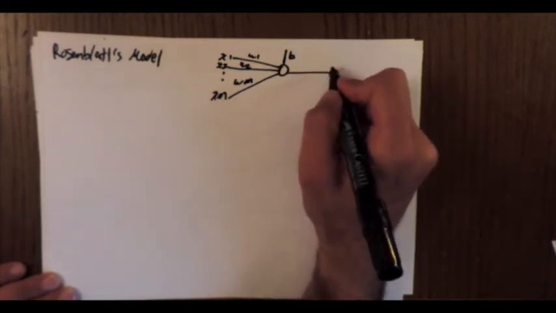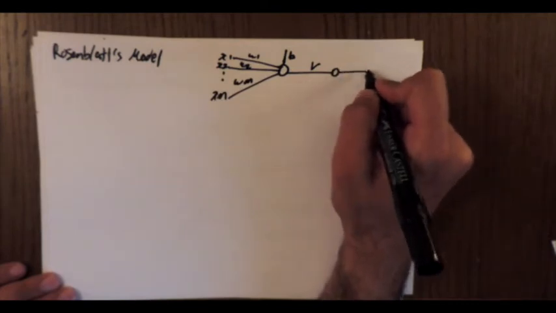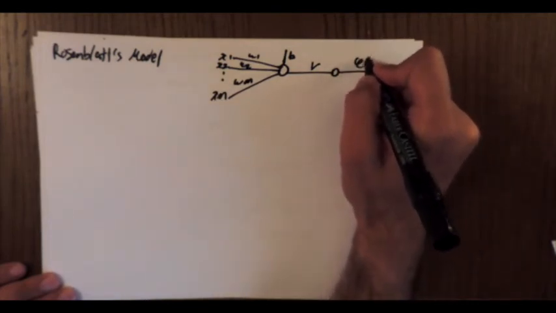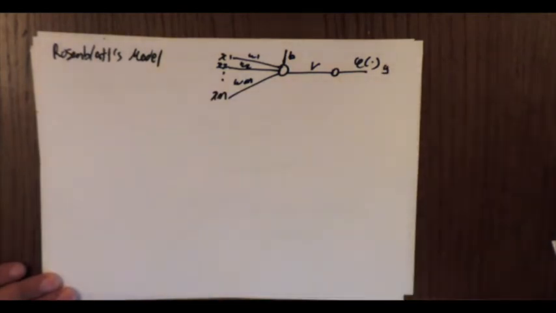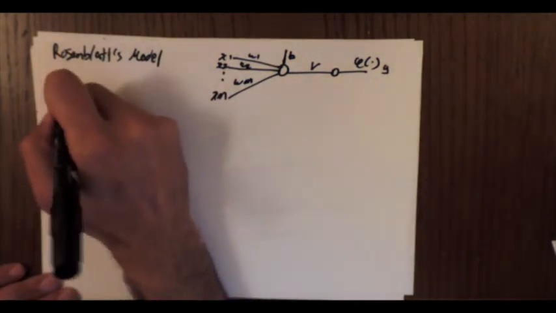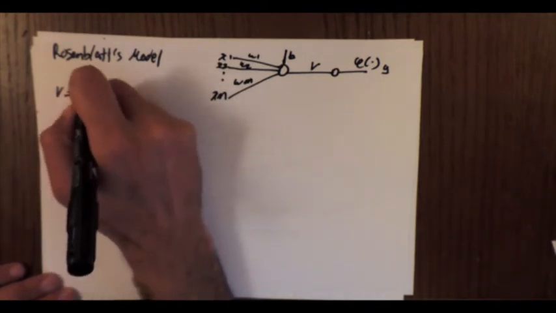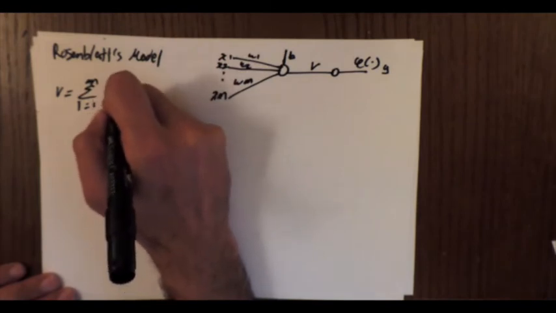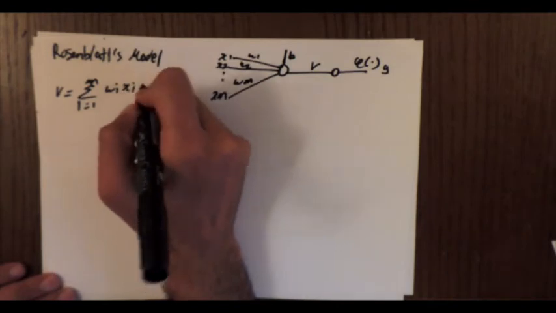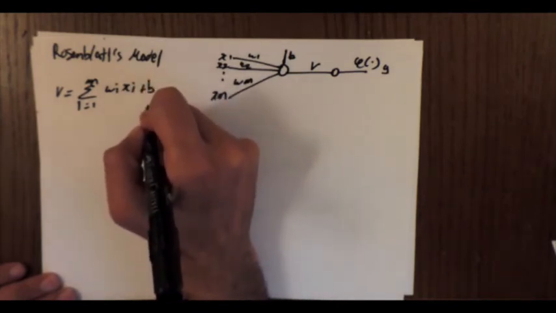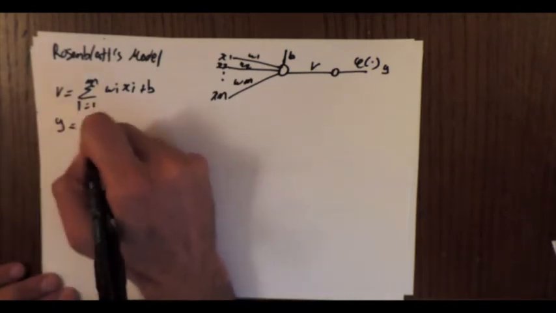Then we have the induced local field v, and then the hard limiter phi to get the output y. The formula is v equals the summation from i equals 1 to m of wi xi plus b, and y will be phi of v.